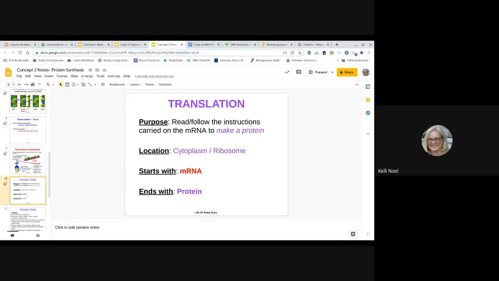Ribosomes are either floating in the cytoplasm or they're attached to the endoplasmic reticulum. So location, cytoplasm at a ribosome. It's going to start with the messenger RNA, and when it goes through this whole process, you're going to have a protein.